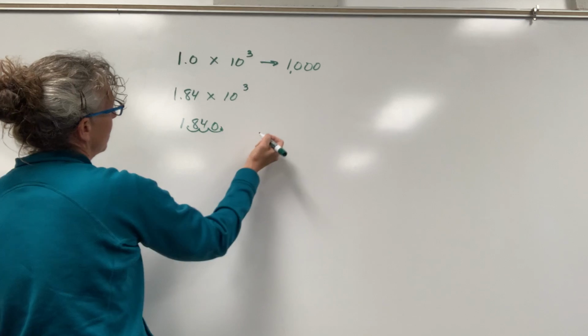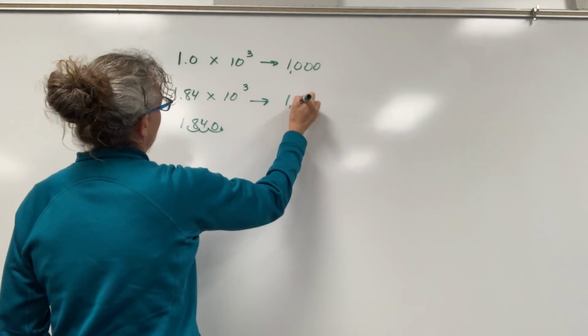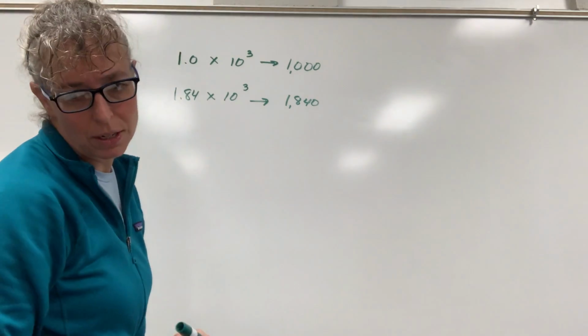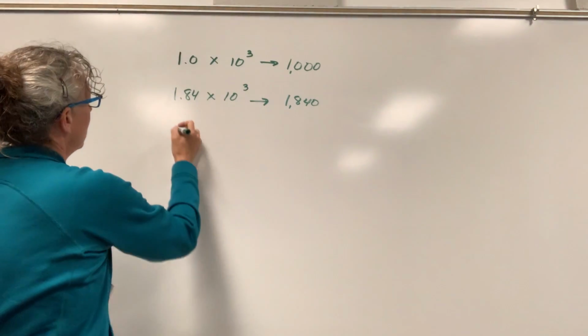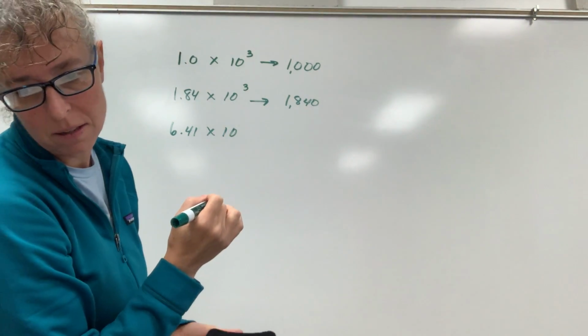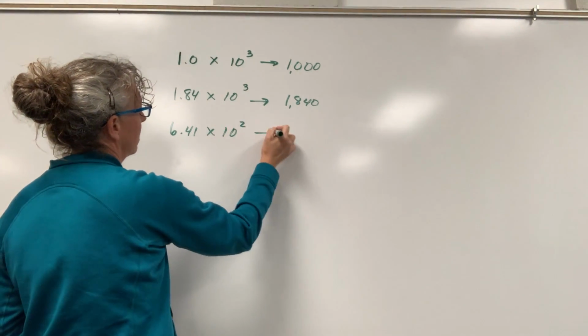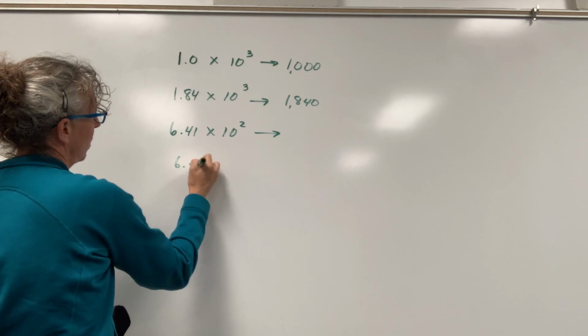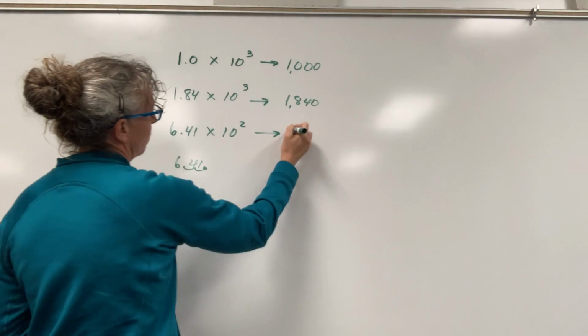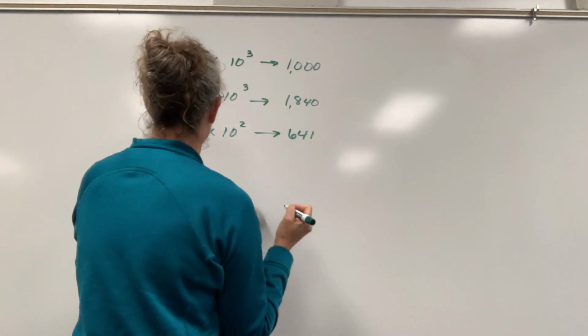Empty space gets filled with a 0. That's 1,840. Okay, and the last one we're going to do is an apple, which is 6.41 times 10 to the second. Okay, so here's 6.41. I'm going to move it 2 positions, 641.